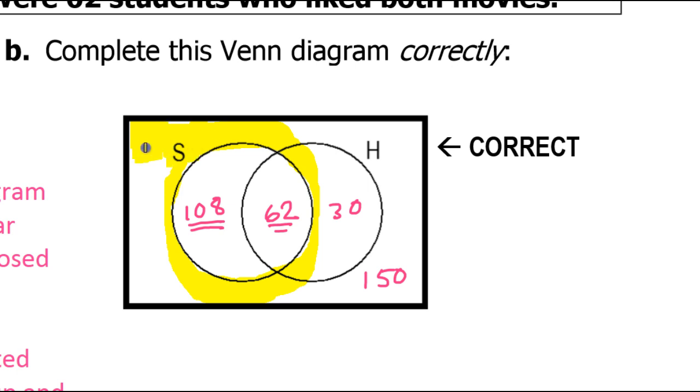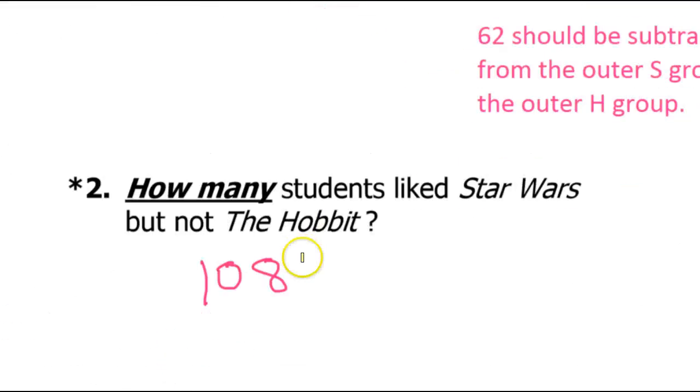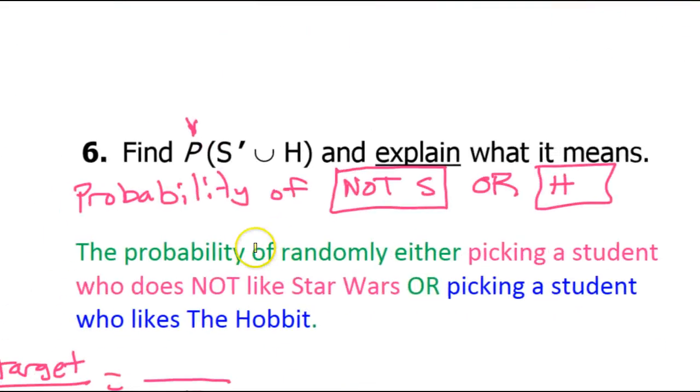I'll do the rest of this coloring off camera because this takes a second. So far this yellow represents all the students who don't like Star Wars. This is not S.